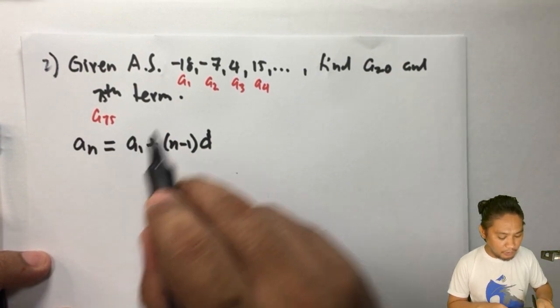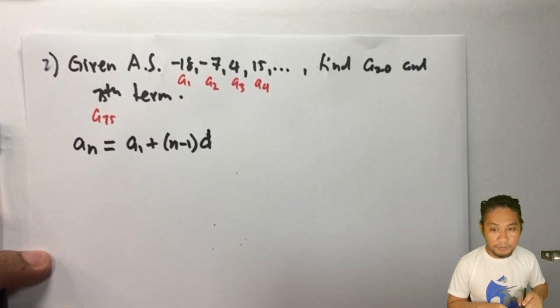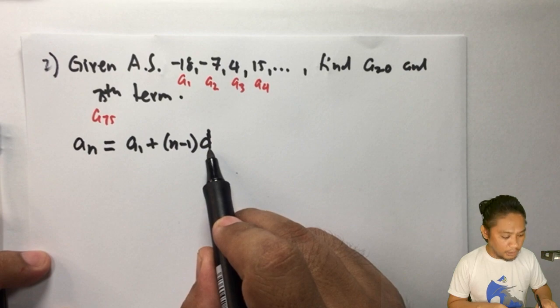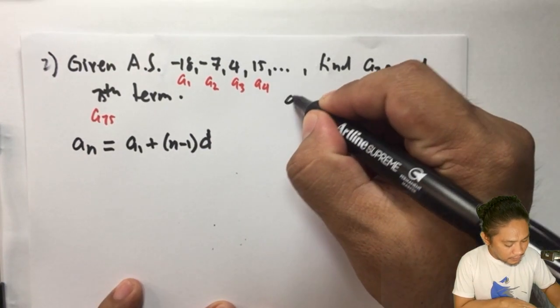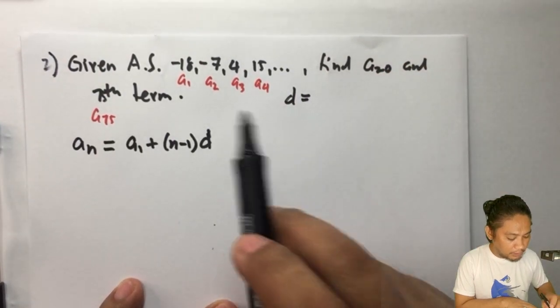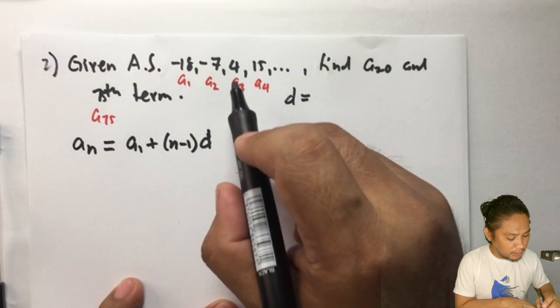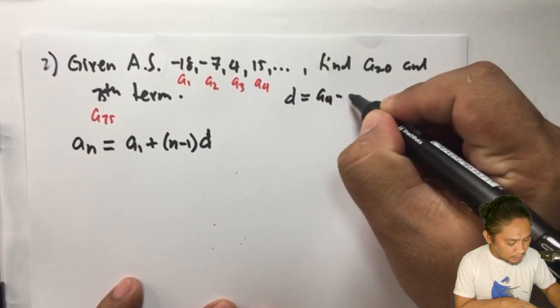We have our first term, which is negative 18. Our n is the particular nth term to be solved, and our only problem is we don't have the d yet, so we need to identify what our d is. Now the common difference d can be determined by subtracting any two consecutive terms in the sequence. So I can choose a sub 4 minus a sub 3.